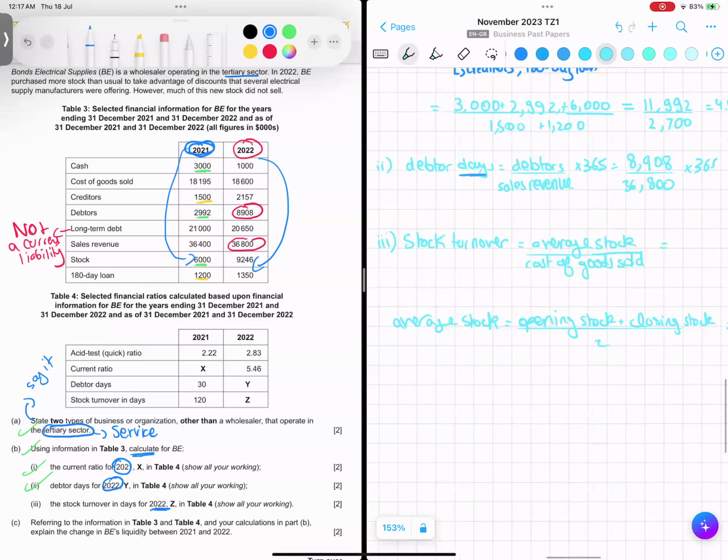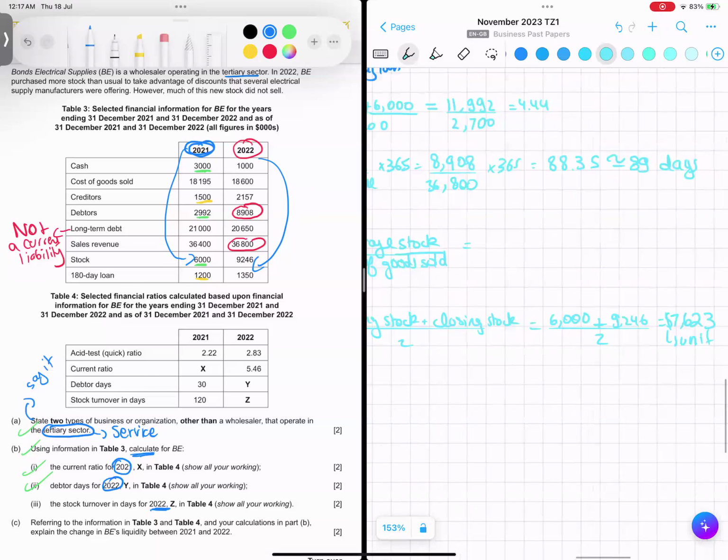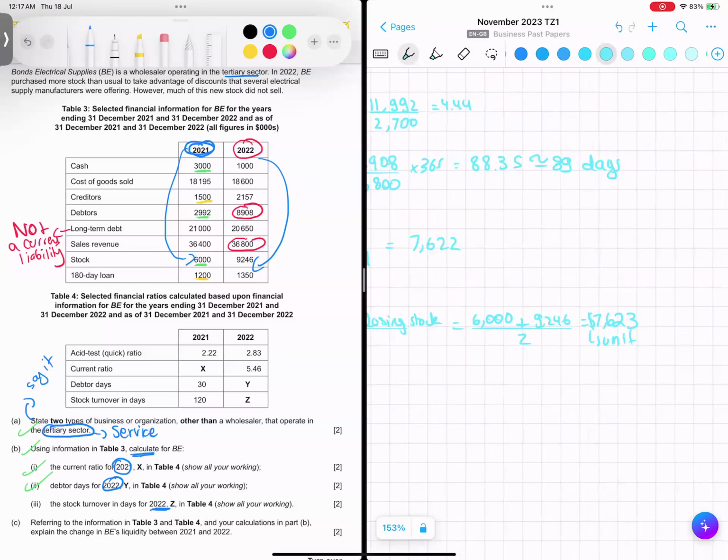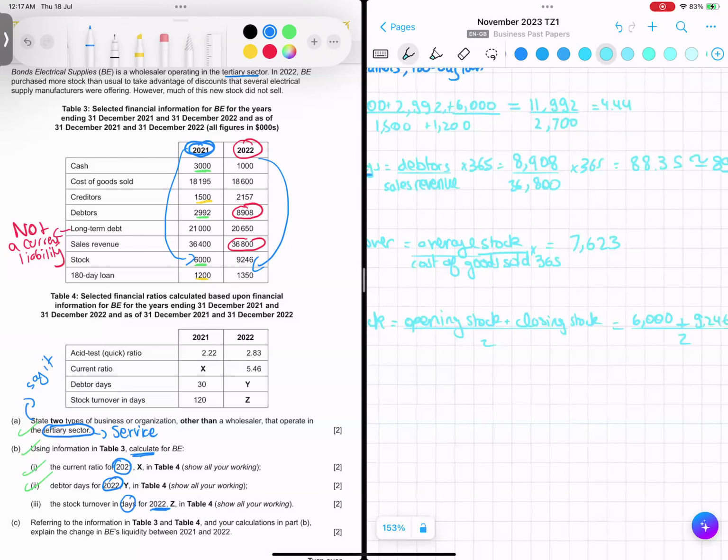This is why you add a unit, okay, which is the currency. Now we're going to put average stock 7,623, and they want it in days, right? So we have to multiply by 365, keep in mind, and then divide by cost of goods sold, and they want it in 2022, right?